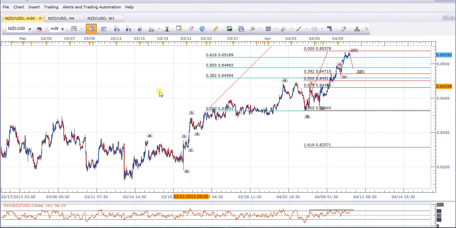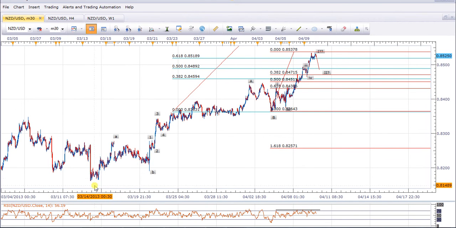Dropping down to 30, to get a closer look at the Z, we see that ABC, that C wave, we see 1, 2, 3, 4, 5. The fifth wave is actually the extended wave within these impulses, and it's actually 100% of the movement from the beginning of wave 1 to the end of wave 3.